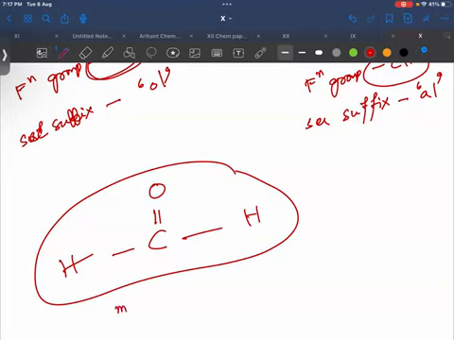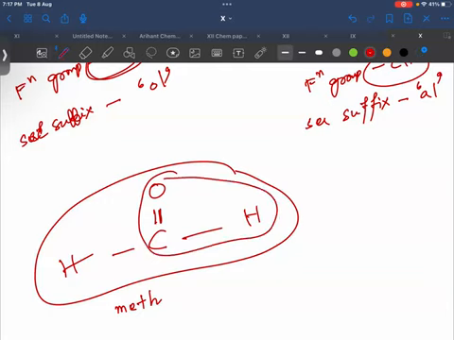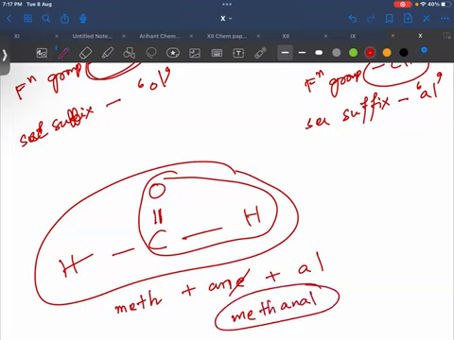So the word root is meth, and there is no saturation. देखो ये जो double bond है that is part of the functional group. So it will be meth plus an plus al. You remove this e, so you'll be left with methanol. So the name is methanol.